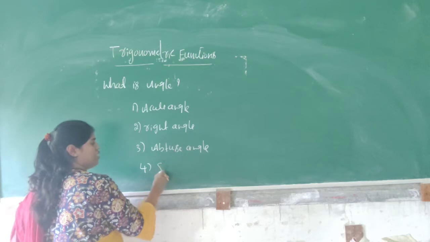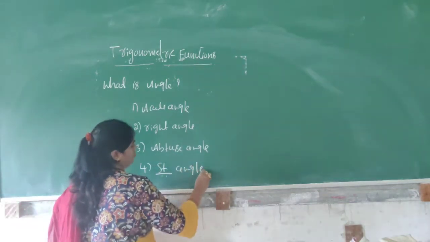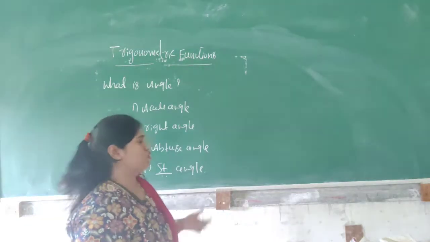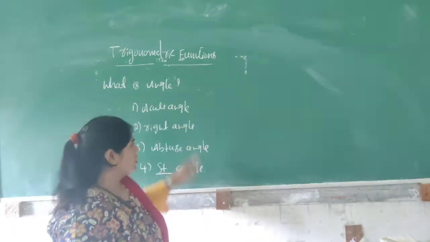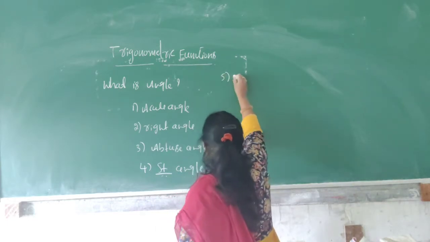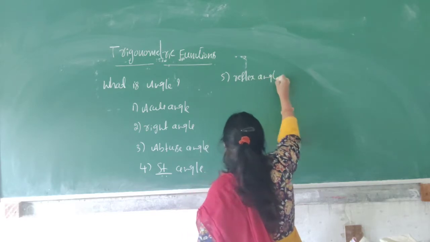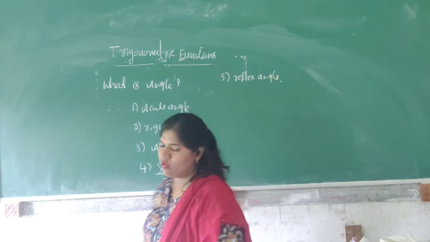Fourth one is straight angle, and fifth one is reflex angle. There are so many types of angles. We'll study these.